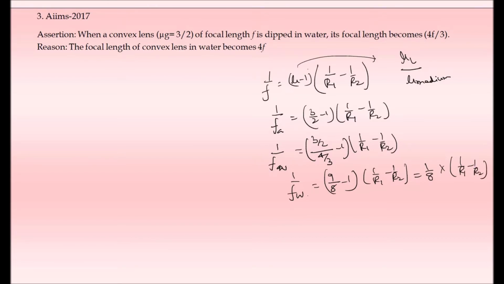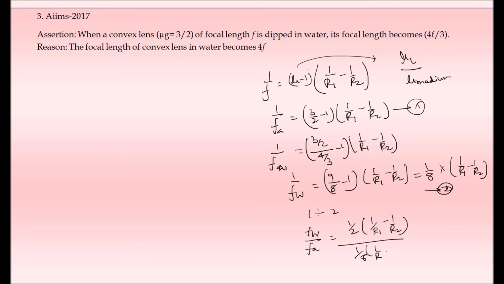So clearly, if this is our equation 1 and this is our equation 2, then 1 divided by 2 is equal to fw by fa, equal to 1 by 2 (1 by r1 minus 1 by r2) divided by 1 by 8 (1 by r1 minus 1 by r2), and from there we get it is equal to 8 by 2, that is 4. So fw is equal to 4 fa.